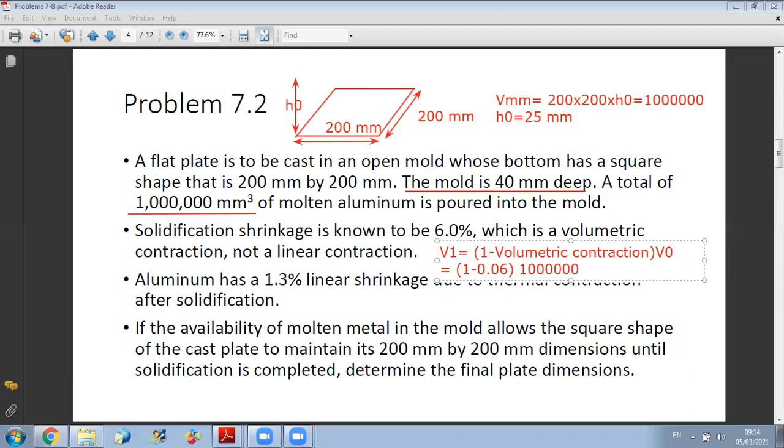So you can get in this way the value of your volume just after phase 1, and since this is 94% of the initial volume, you will get 940,000.